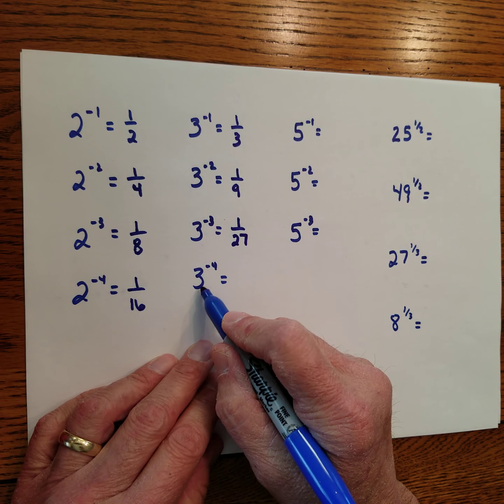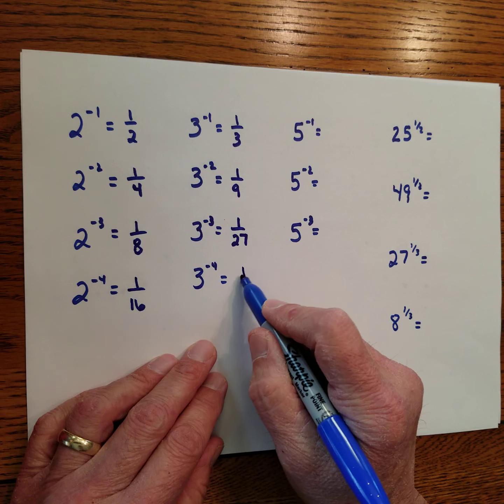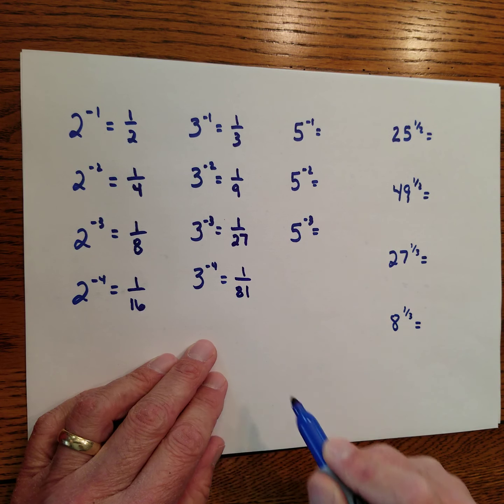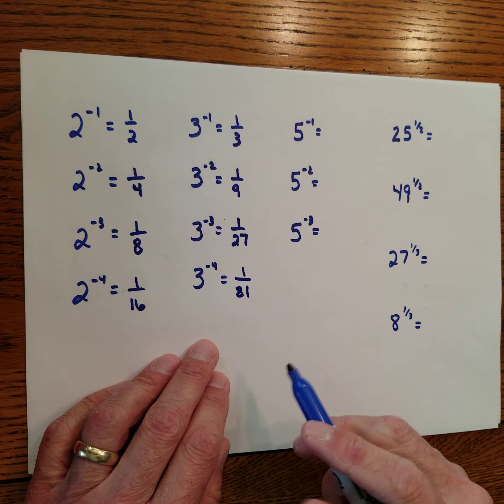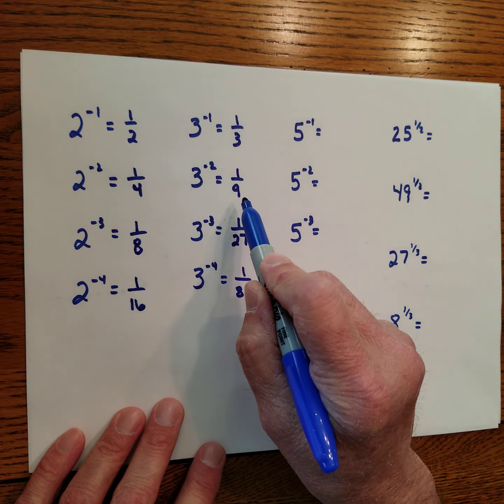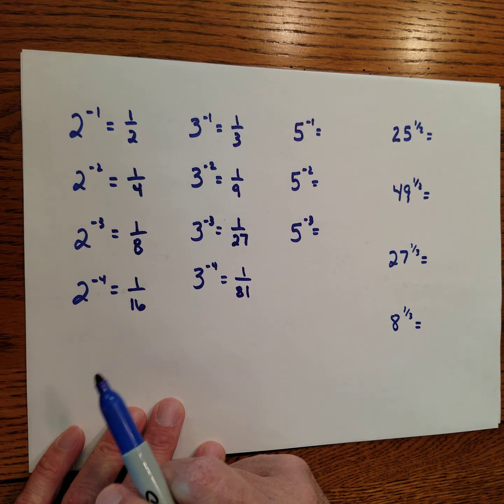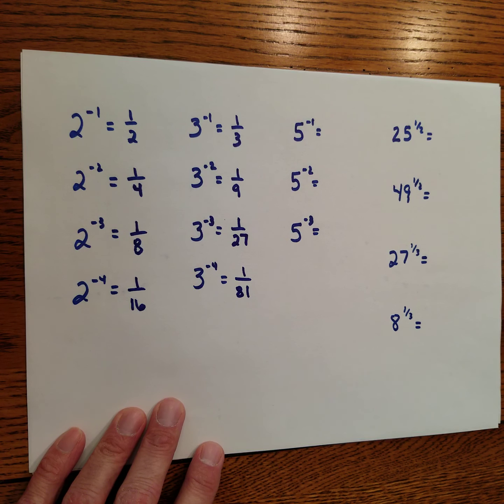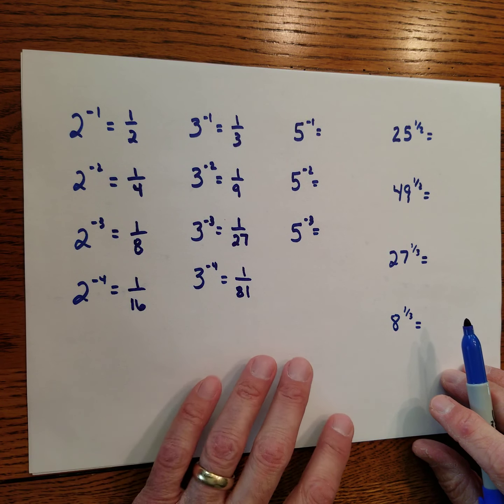And if I multiply 3 times itself 4 times, and then take the reciprocal, I get 1/81. We see these numbers over and over again, 81 and 8 and 9 and 4. They are perfect squares and they are perfect cubes. And they come up in math, in exponent, and in logarithm problems over and over again.